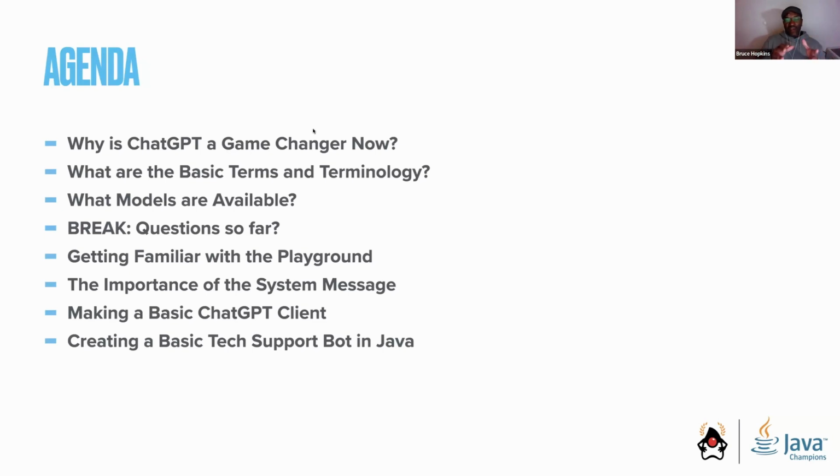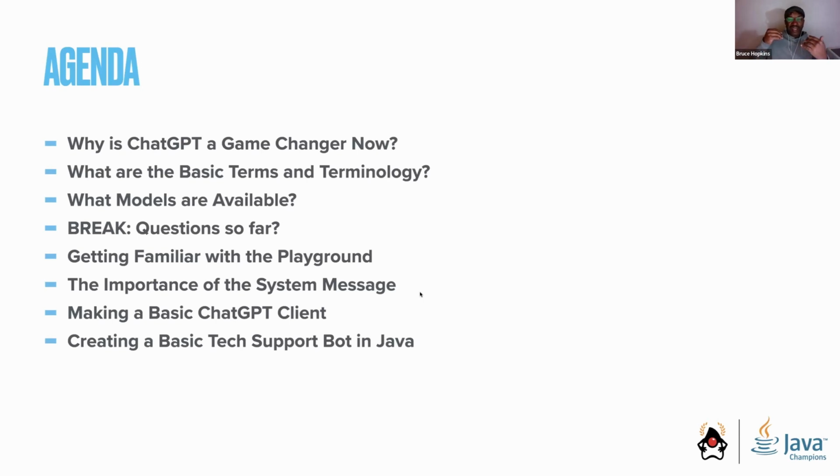And it's a great way for you to try out prompts to see how things work. Once you understand some of the terms, the playground is one of the best places for you to try things out, especially as a developer. We're going to talk about the importance of the system message. So there are different types of messages you can send as a developer.